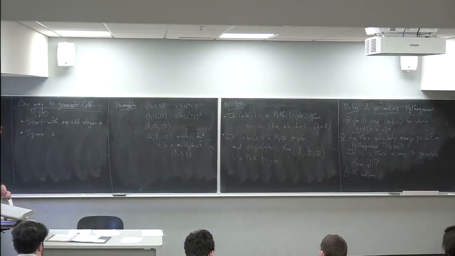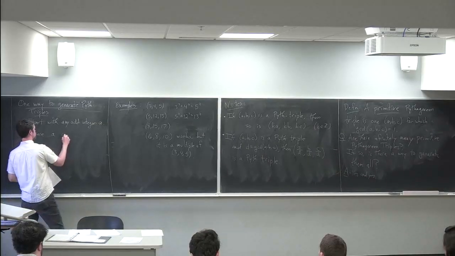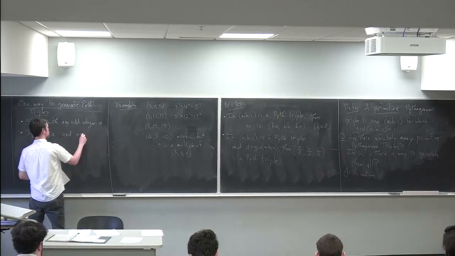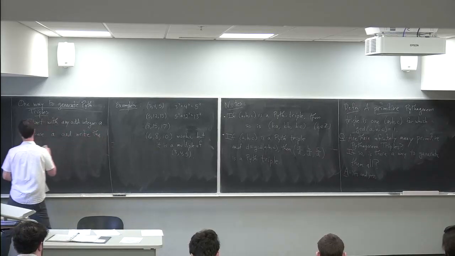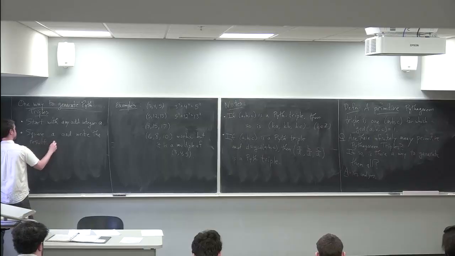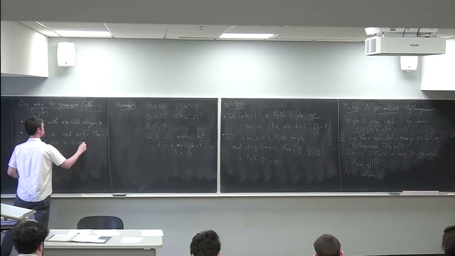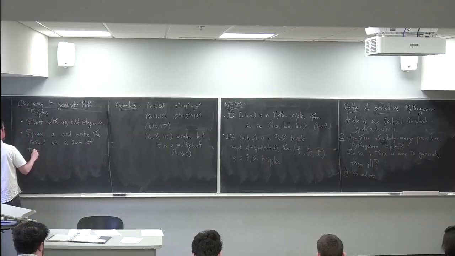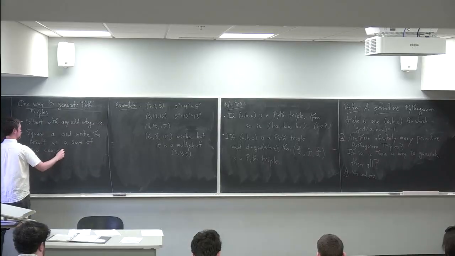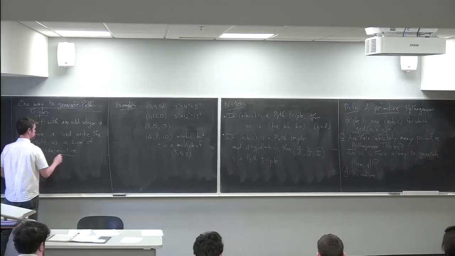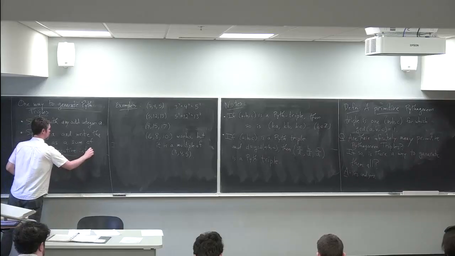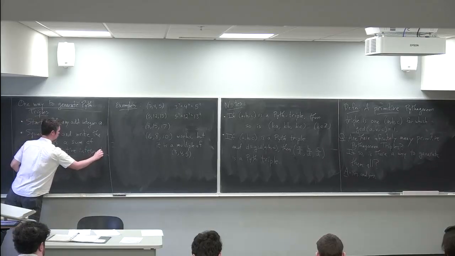And then what you're going to do is take the square and write it as the sum of two consecutive integers. So we'll call those things b and c.